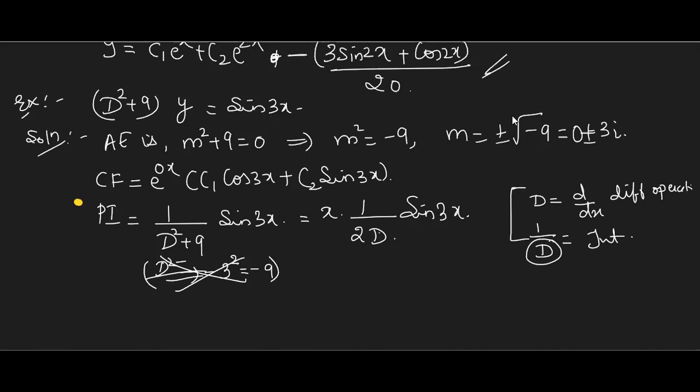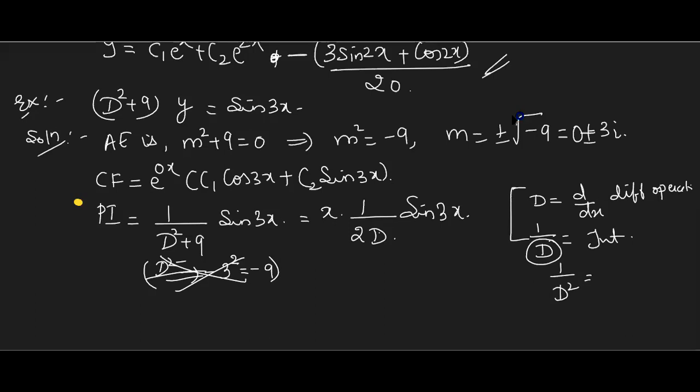Suppose if you are not convinced with this, you multiply and divide by D. Replace this denominator D square by -9. Numerator D means it's a differentiation. Now, suppose you are getting 1 upon D square, what has to be done?